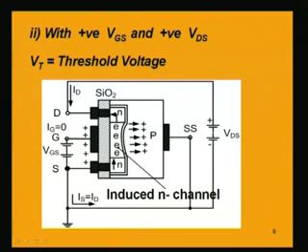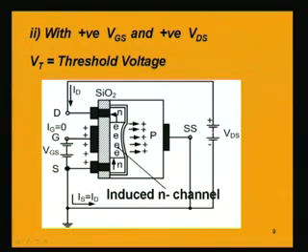That means this positive potential at the gate terminal will be repelling the positive charges, or the holes, in the P type substrate. In the P substrate, the majority carriers are holes and the minority carriers are electrons. It is a P type semiconductor.